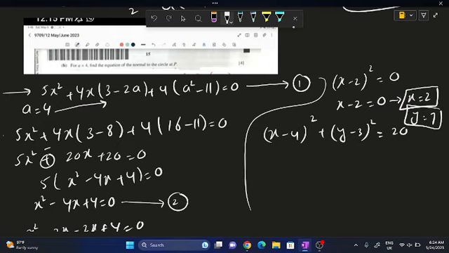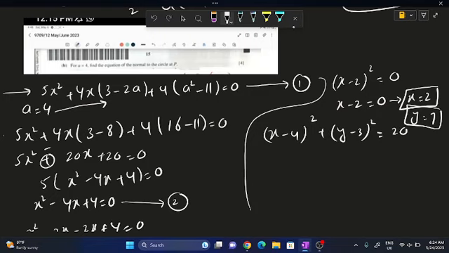So for the point (2, 7), this is my equation of the circle that's given to me in the first part, and I have to find the equation of the normal to the circle. In order to find the equation of the normal, definitely I need the slope, and I can find the slope by differentiating this equation.